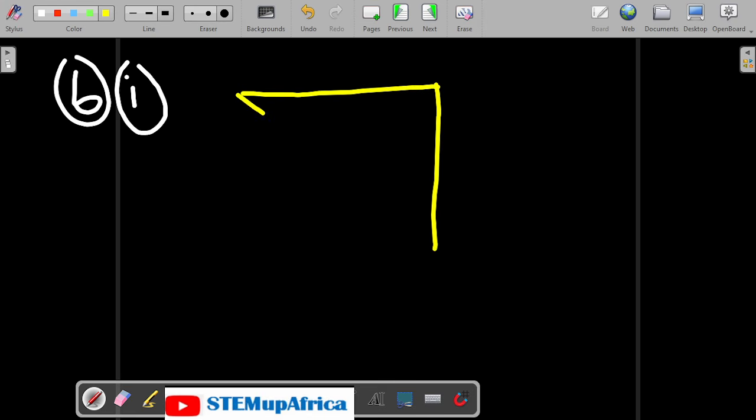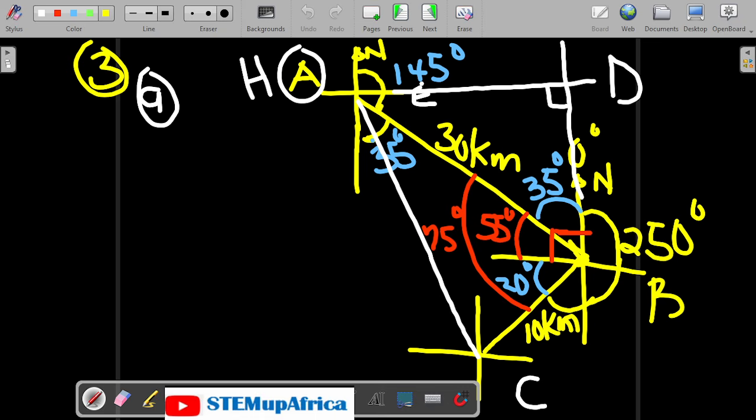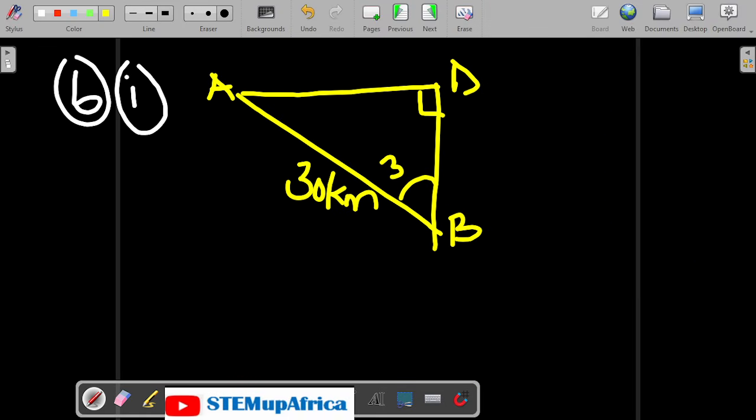It's something of this nature. Here is A, here is D, and here is B. The value here is 30 kilometers, and the angle here is simply 35 degrees. So I'm finding the value of A to D. To do that, I will simply apply my SOHCAHTOA.